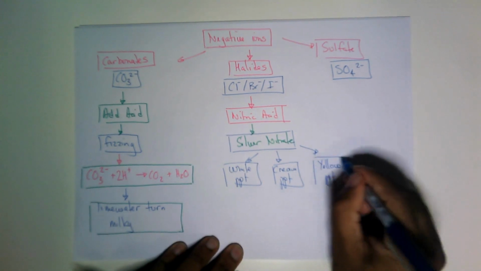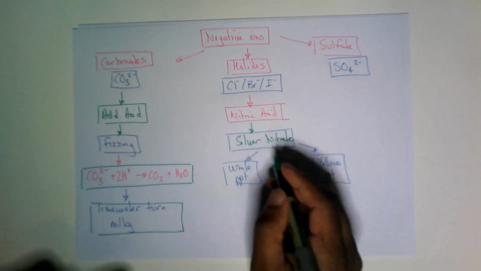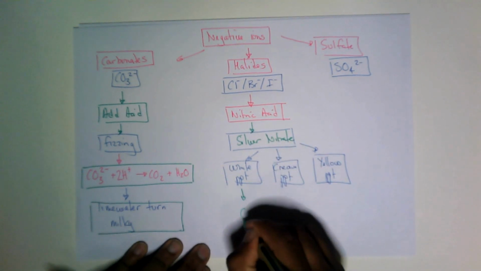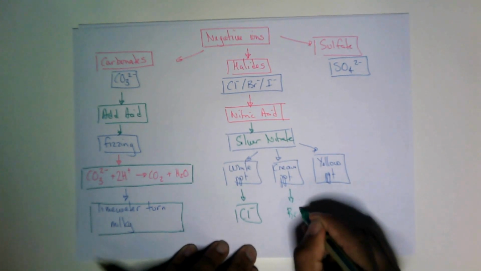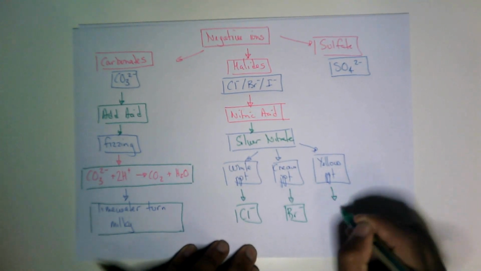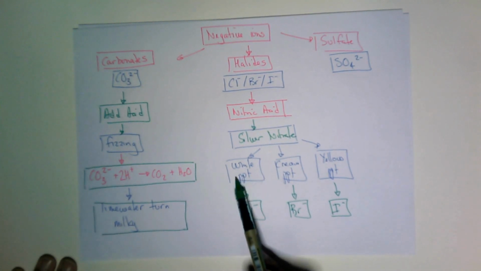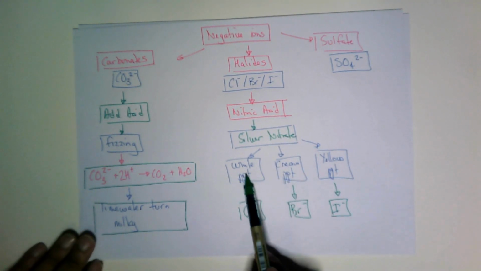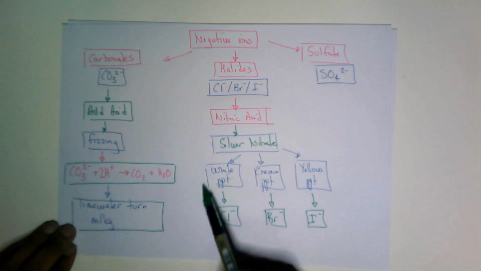Each of them is associated with one of the halide ions, so if it's a white precipitate, that means it's a chloride ion. If it's cream, it's a bromide ion, and if it's yellow, it's iodide ion. So you can see that as you go down the group, the halogens, the color gets more and more away from white, and that's the order.